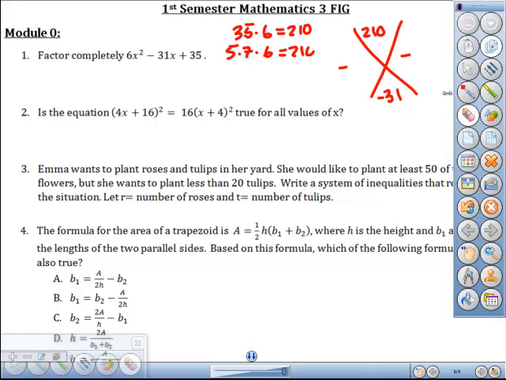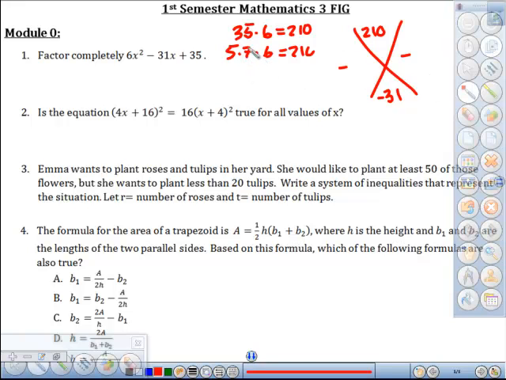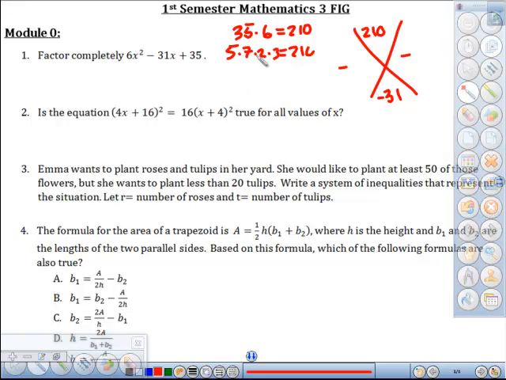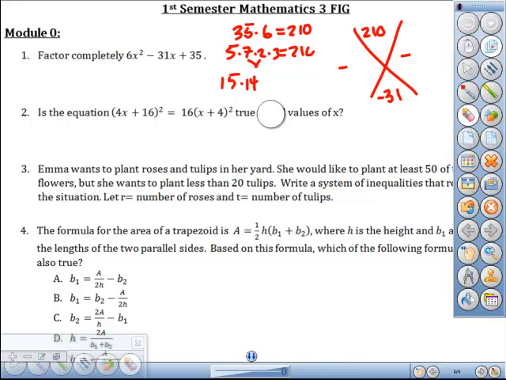Okay, so maybe if I do 5 times 6 would be 30, plus 7, that won't give me 31. So it looks like I'm going to have to break up this 6. So if I break up the 6 to be 2 times 3, let's see if we can rearrange this. We got 14 and this would be 15. So it's 15 times 14. That won't quite give me 31.